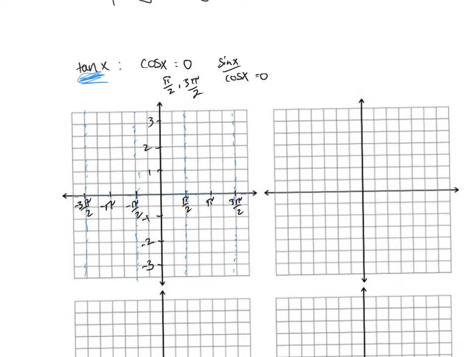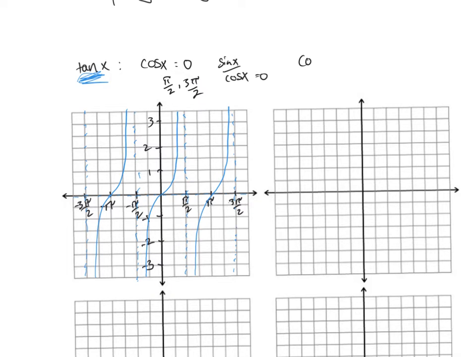So you go up, and here we'll bend it and go up that way. It looks like a positive x cube graph, in my mind. And that is how you would do tangent of x.